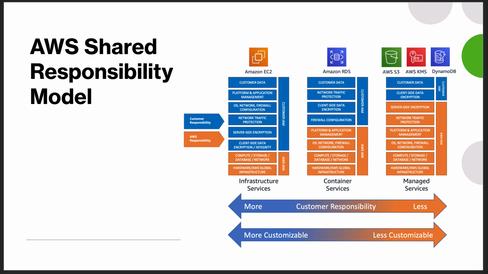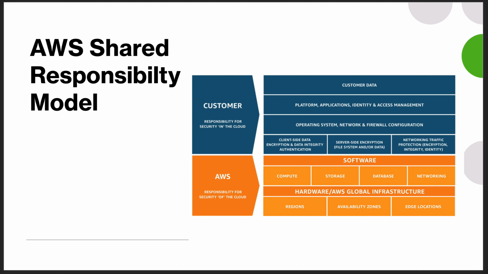But if you're buying a managed service, like S3, AWS KMS, or DynamoDB, then you're only responsible for the data and the client-side data encryption, right? So you're still responsible for things, but your responsibility moves around this graphic depending on what service you buy and how you want to manage or what kind of control you need to have over your systems, because you will always have control over your data, right? And again, it's just that whole process of data.